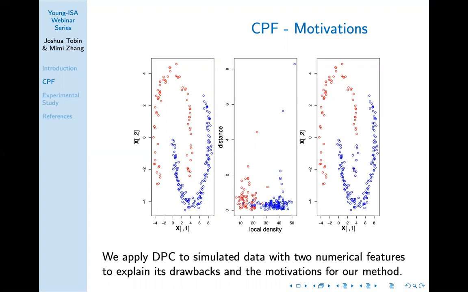But the framework itself has its own issues. So if we think about an example here in the plot on the left, where we have 2 numerical features, and these are 2 horseshoe-shaped clusters. We have a blue cluster on the bottom, which is dense, and then a red cluster, which is less dense than the blue one.